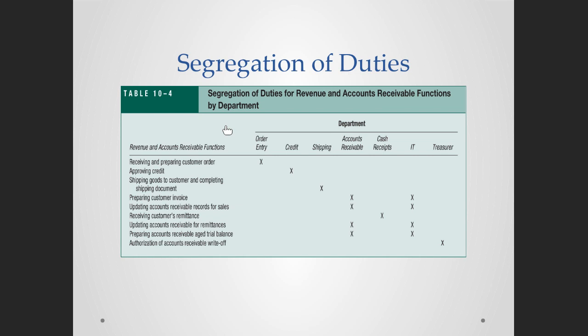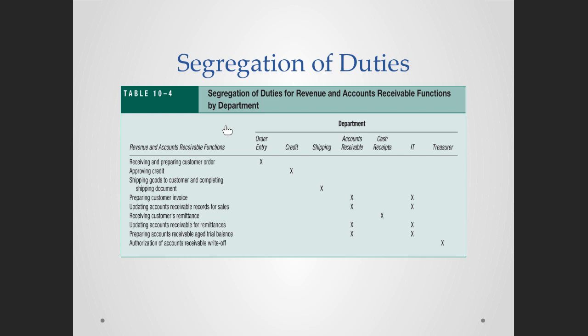The second benefit is that when multiple people are involved, it increases accuracy. If one of the individuals missed something or recorded something incorrectly, someone else will catch it. So this is the purpose of segregation of duties: to minimize fraud and increase accuracy.